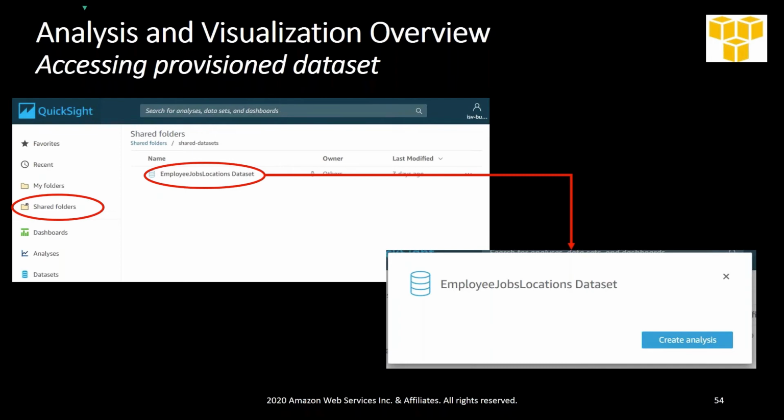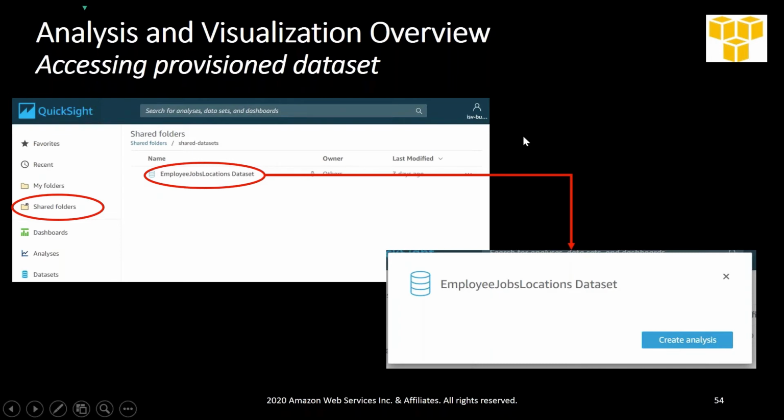So they'll navigate over to shared folders, find the provisioned data set, click on that data set, and they're going to be able to see some options here that says create analysis. Right? Those are the only options they'll have because we set their permissions in that way. We said that they will not have access to updating or creating any data set. So they can only use the data set.